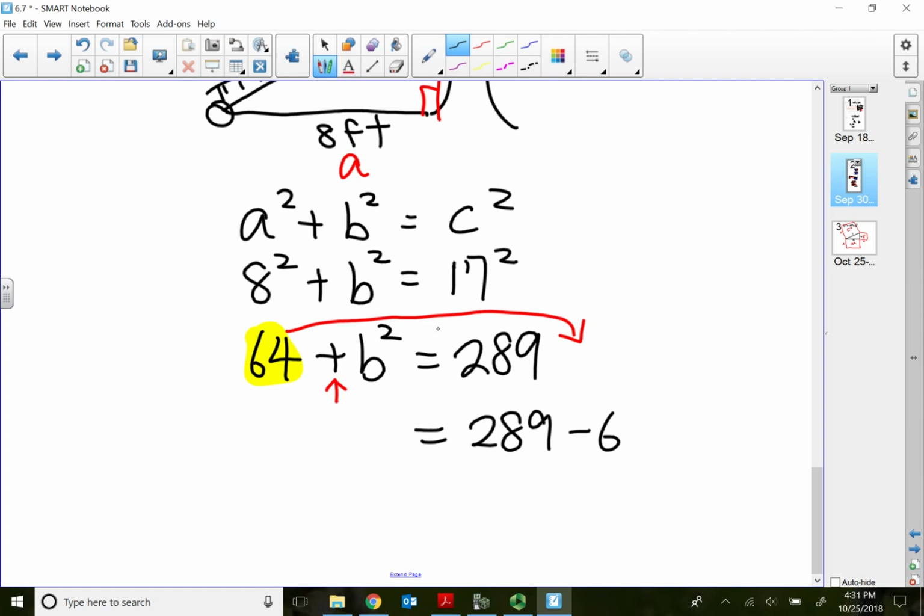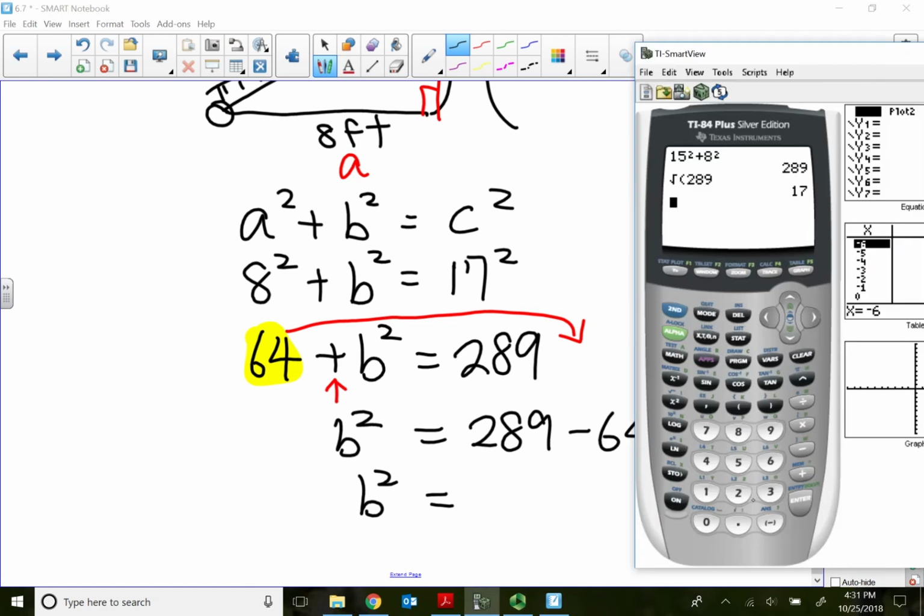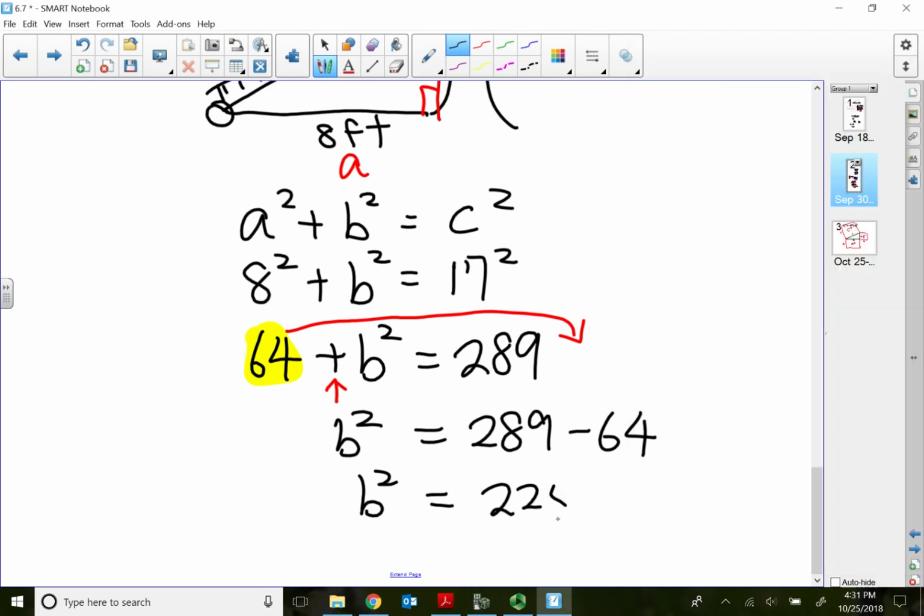So 289 minus 64 is 225. To get B by itself, take the square root on both sides.